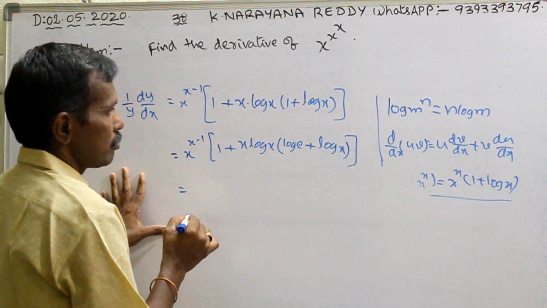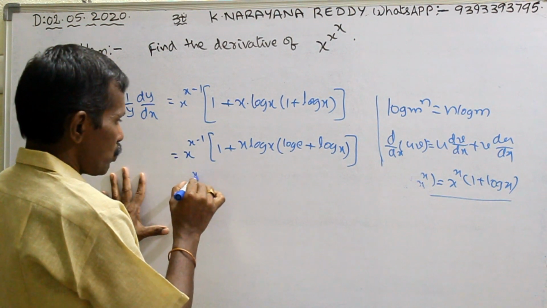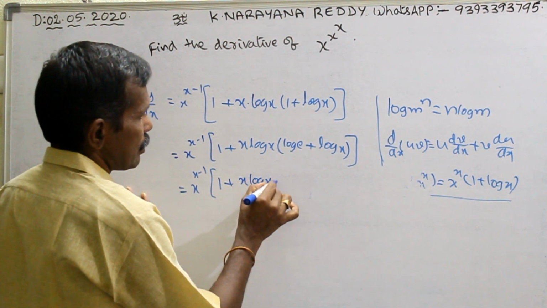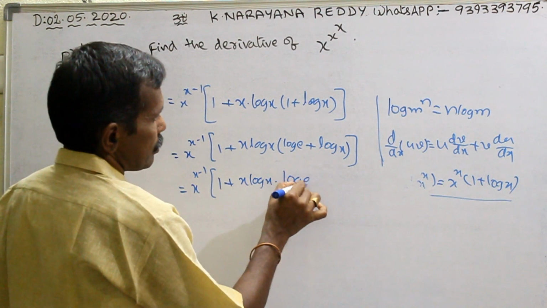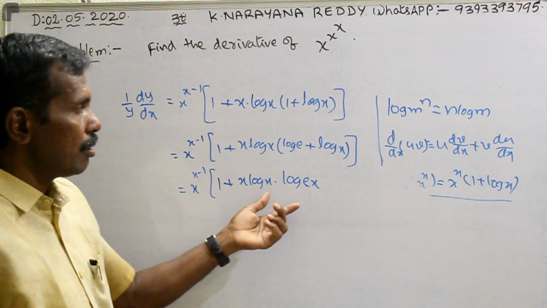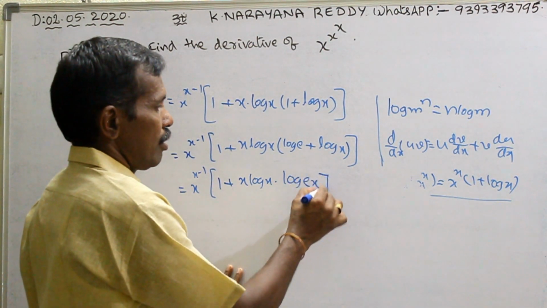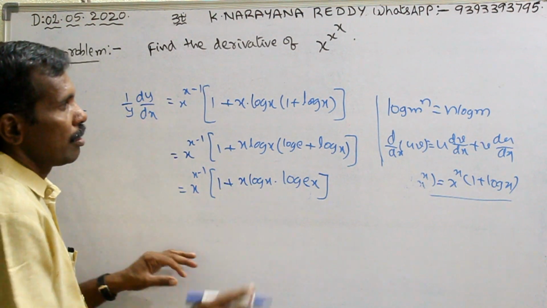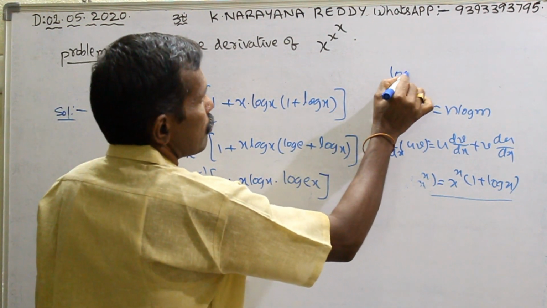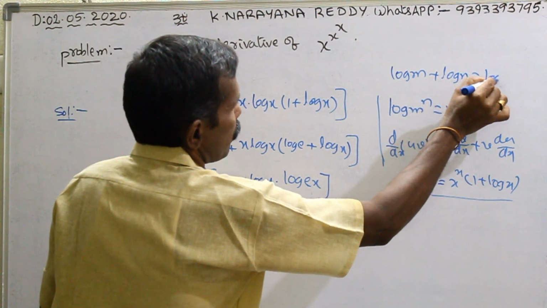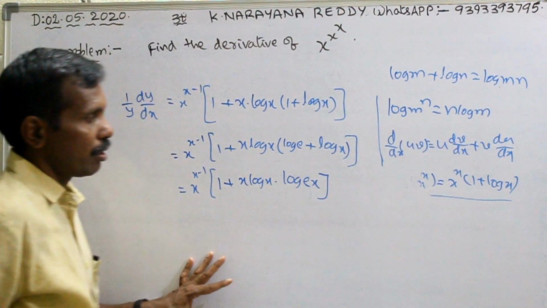Now x to the power of x minus 1, 1 plus x log ex. Why? Because log m plus log n is nothing but log mn. That is why log ex. Log m plus log n equals log of mn, that formula.